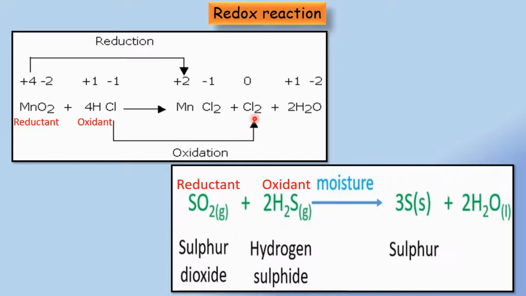Here is one more redox reaction. In this, SO2, that is sulfur dioxide, loses oxygen to form sulfur. Means here sulfur dioxide undergoes reduction. At the same time, hydrogen sulfide gains oxygen to form water.